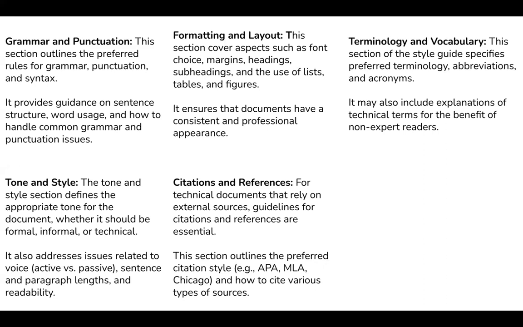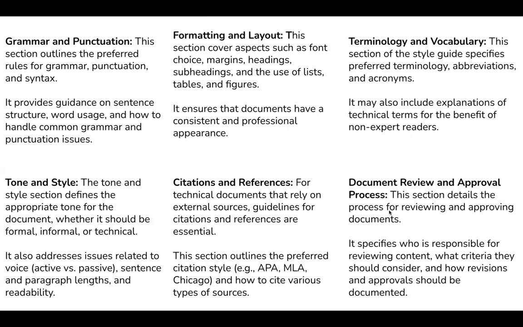So this section provides guidelines in those cases, right? And it also deals with attribution, how you attribute statistics and things like that. So you are giving due attribution to the work of other people that are not yours. So the next section is the document review and approval process.